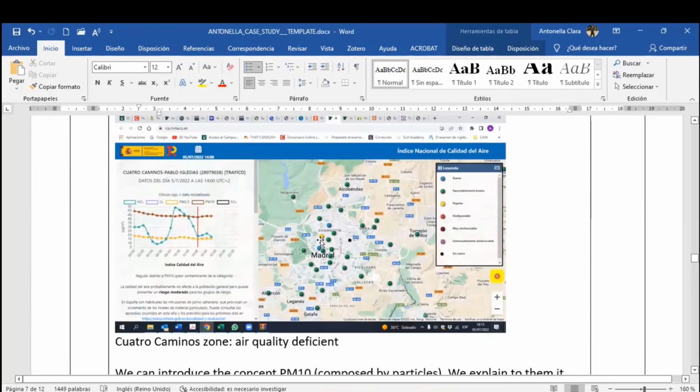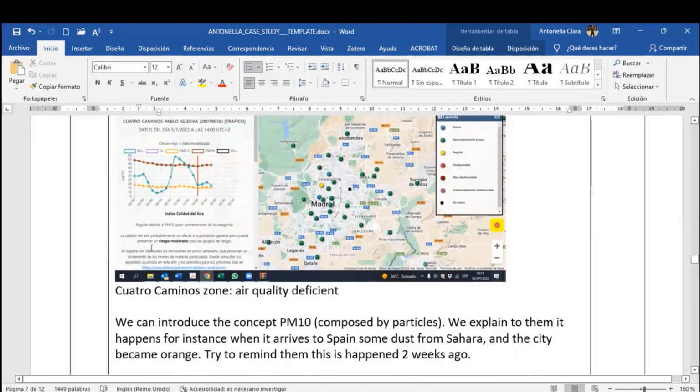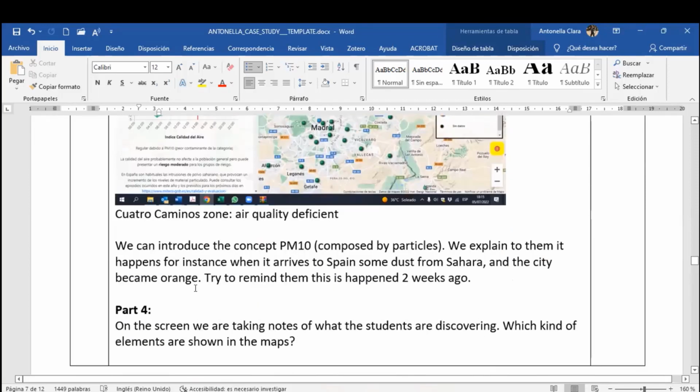In the Cuatro Caminos zone, we can see that the air quality is worse because of the PM10 contaminant. We explain here what happened with this kind of contaminant and when they have seen that in recent days.